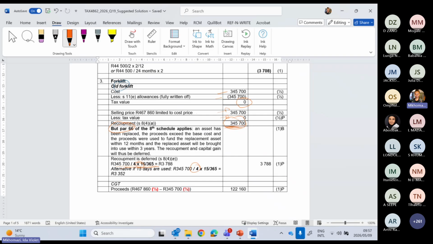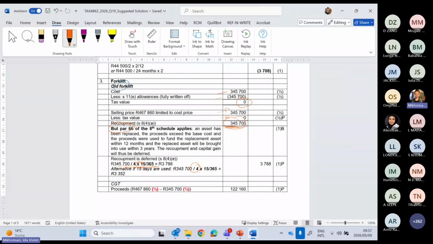Okay, and I see in the chat, Ntlamulo is asking, when do we use the 40% to defer the recoupment? Remember, I said when you defer, you use the same write-off period or the allowance rate of the replacement asset. So you will be guided by the replacement asset.